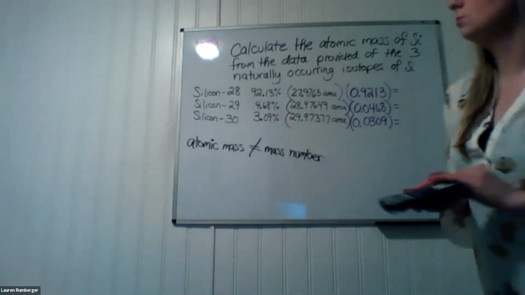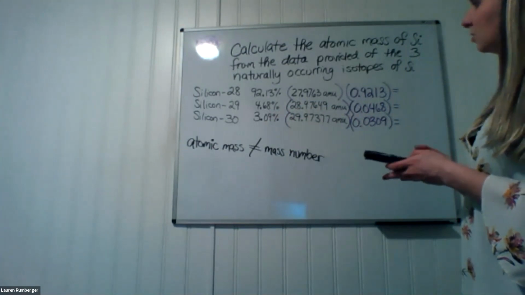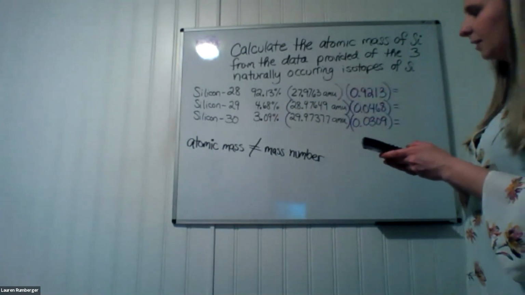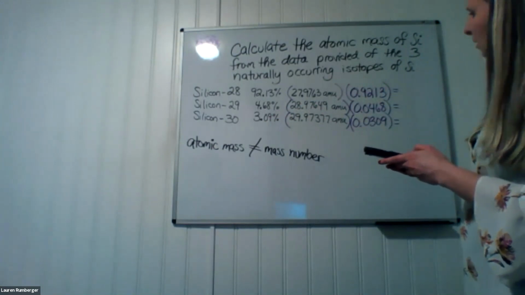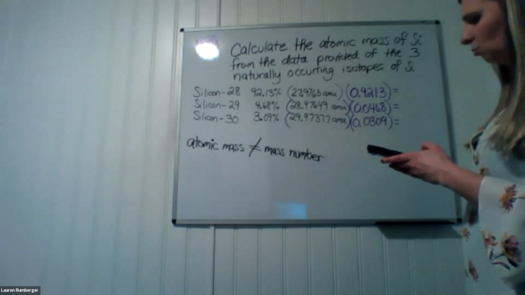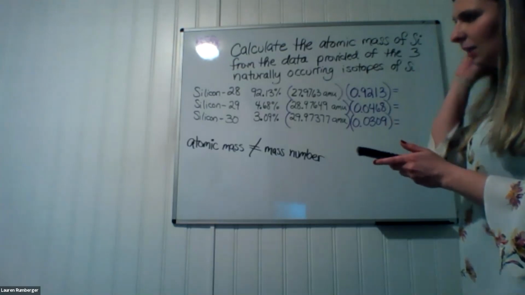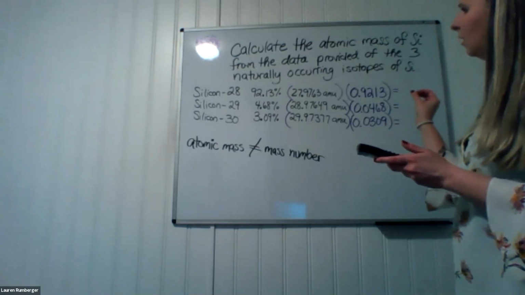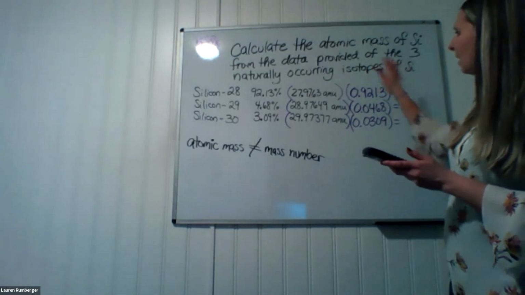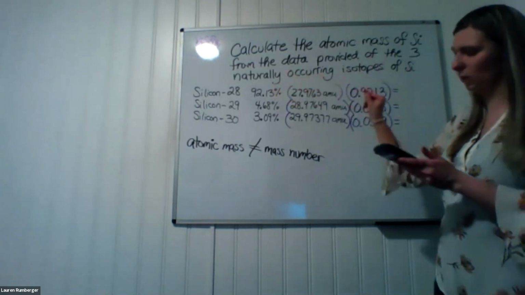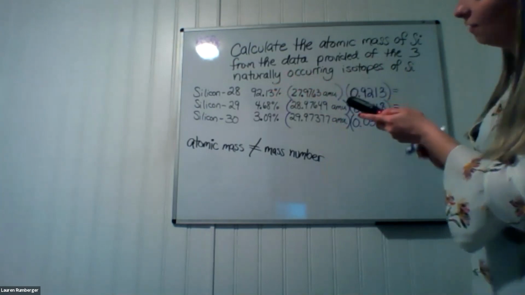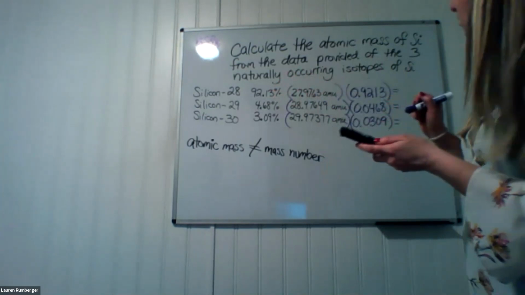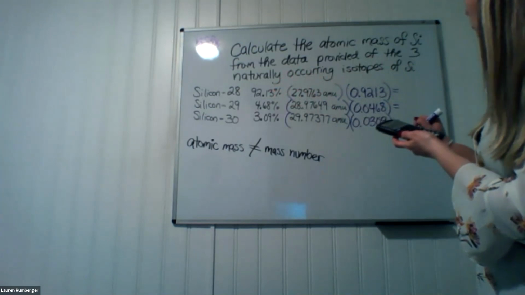So let's start with silicon-28, 27.9763 times 0.9213. This is going to give us the portion of the atomic mass that exists as silicon-28, which will be 25.774. We have a lot of digits here.